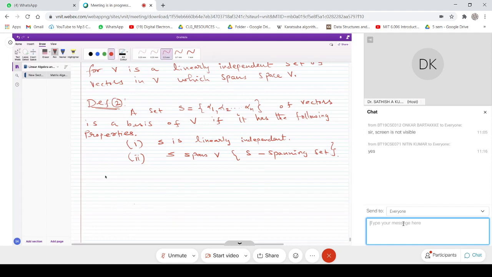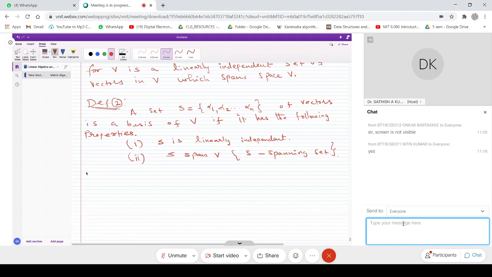One simple example I want to give is the set of all standard basis vectors. The last class we discussed the standard basis. We took three vectors: (1,0,0), (0,1,0) and (0,0,1), and we proved these vectors are linearly independent. Now I'm going to take those vectors in Fn, or in Rn, the set of all real n-tuples.